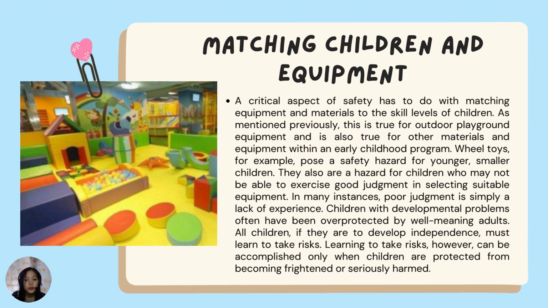Small toys, for example, pose a safety hazard for younger, smaller children. They also are a hazard for children who may not be able to exercise good judgment in selecting suitable equipment. In many instances, poor judgment is simply a lack of experience.